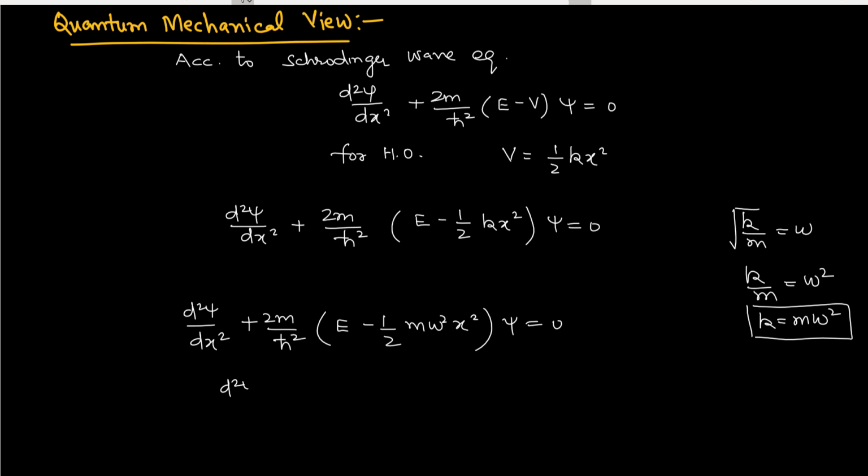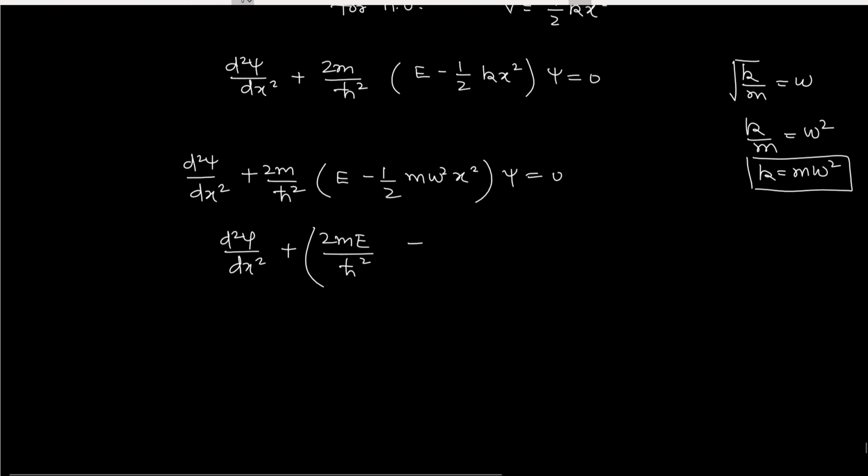So if we are to solve this, simplifying the equation, it is 2mE upon h cut square minus... 2 cancels, so it will be m square omega square upon h cut square into x square psi, it will be 0.